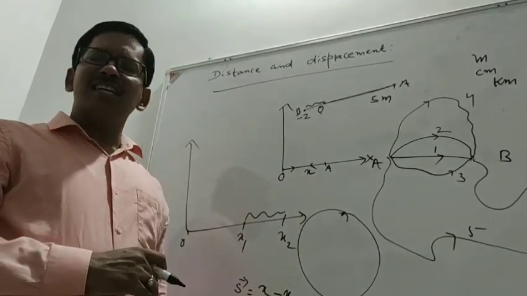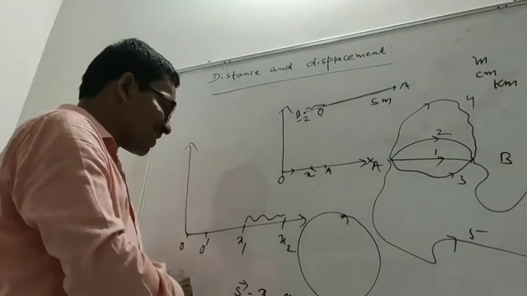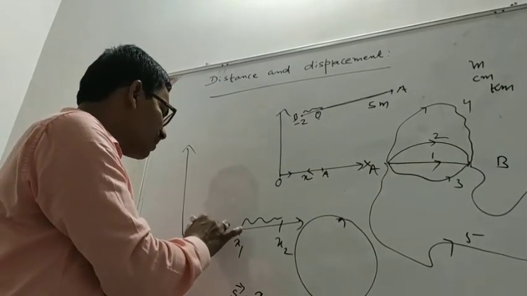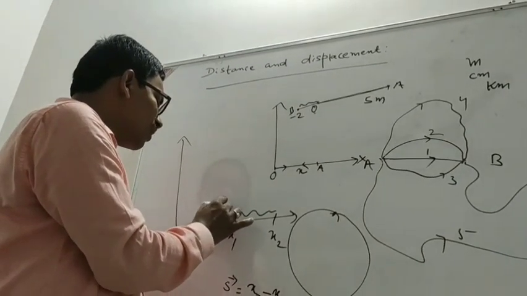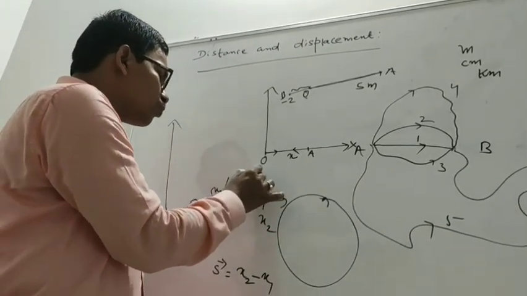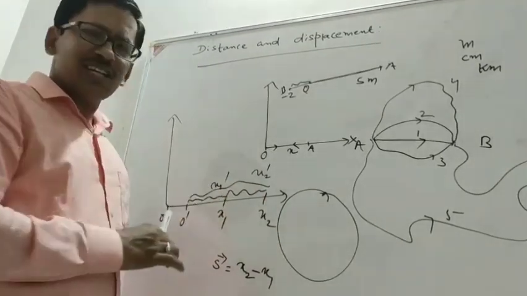Suppose I change the origin. Suppose the origin shifted here, origin is O dash. Now this position may be x1 dash and this will be x2 dash. Then what is the displacement? x2 dash minus x1 dash.